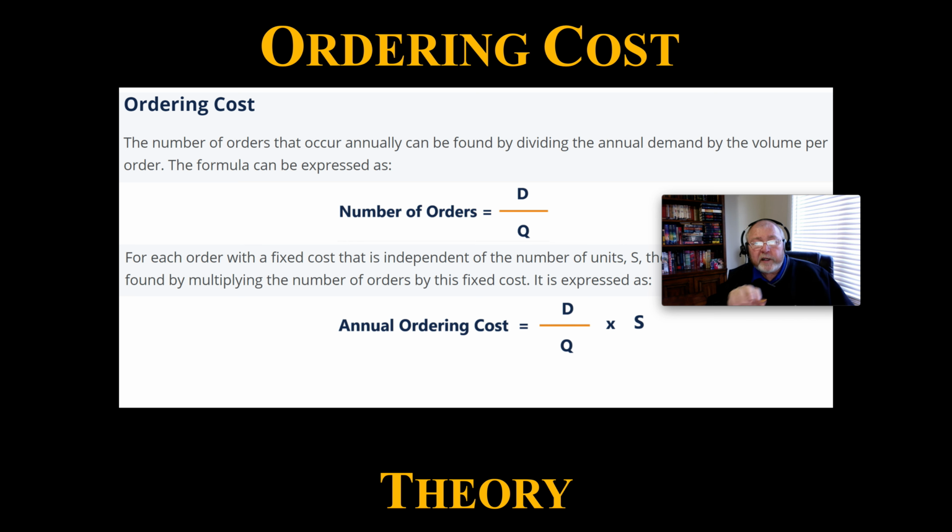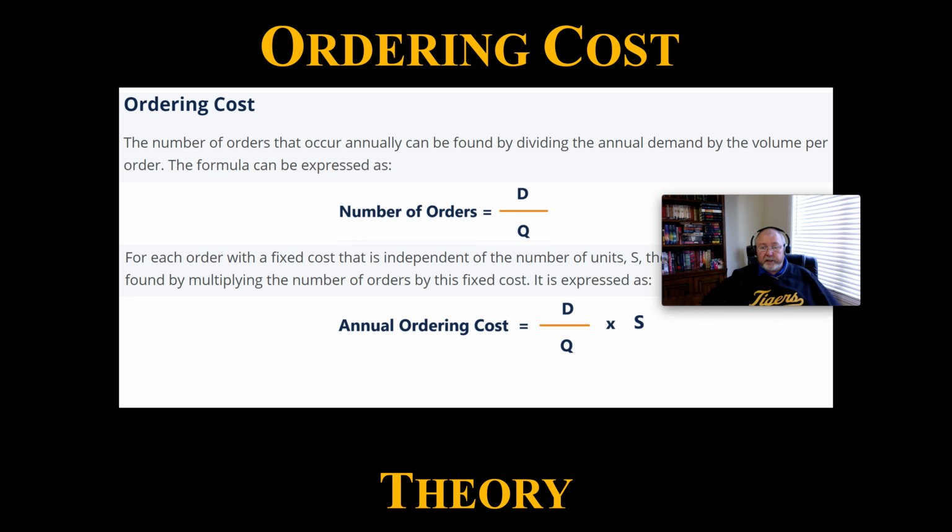So for the ordering cost, we need to determine the number of orders. That's easy. That's D divided by Q. D, demand, divided by Q, the quantity per order. And that would tell us how many orders annually that we need to place. Now your problem initially is that we'll know D, but we don't know Q. That's okay.